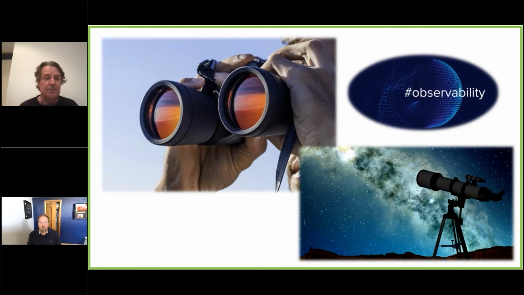And this model could be built by the user, it could be discovered in an automated way, it could be written in rules, it could be done with a topology diagram, but there's some kind of model of the environment sitting in the monitoring tool.